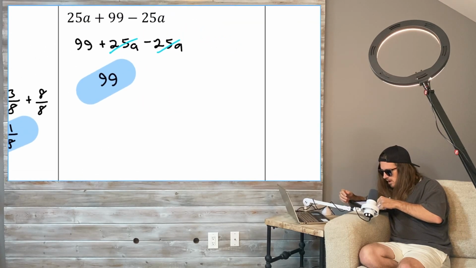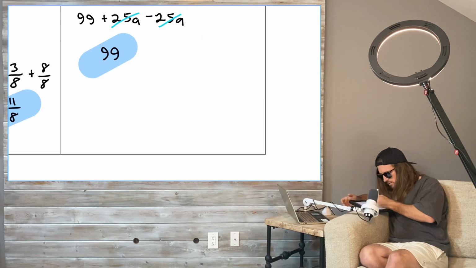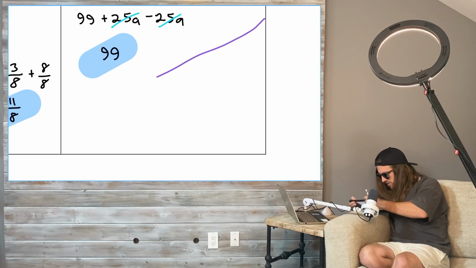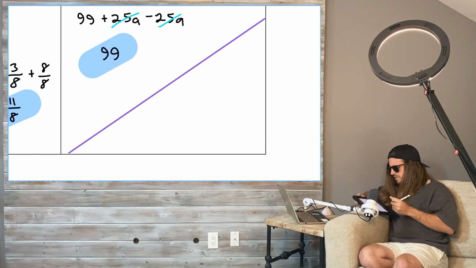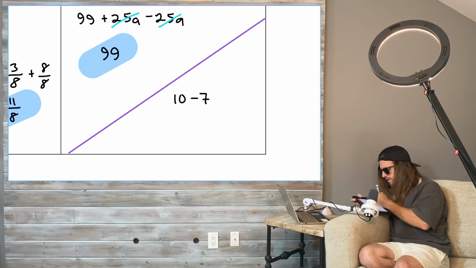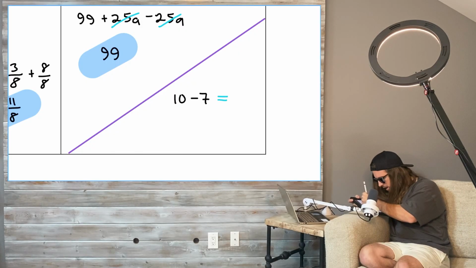You know what? Pause. I want to teach something here, something that came to me recently. What if I was dealing with something like, well, let's just go 10 minus 7. Now, as we saw in the beginning of the video, this is not the same thing as 7 minus 10, right?